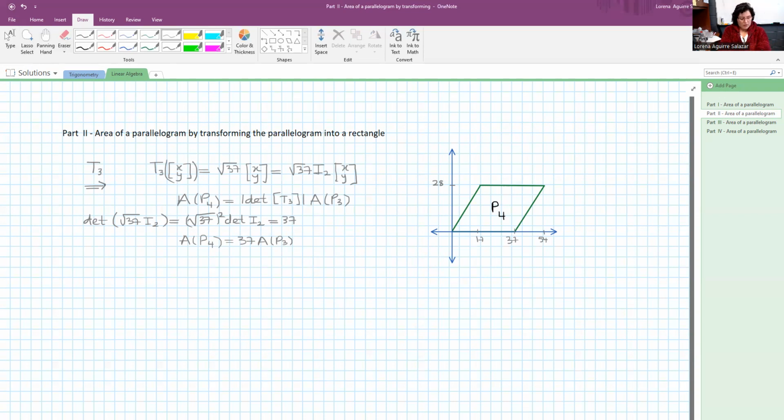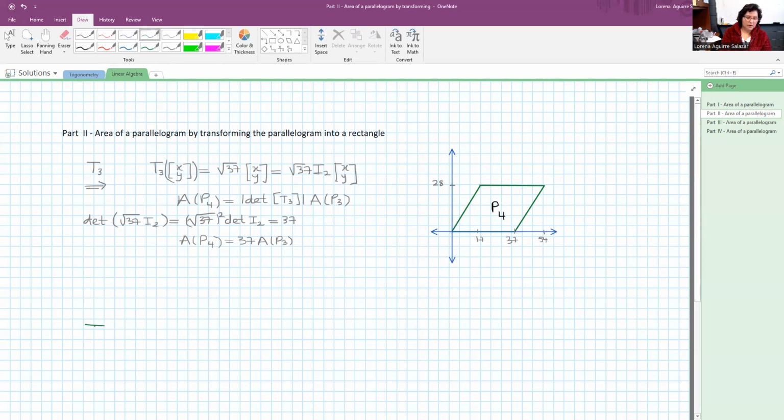Our shearing transformation is such that we want to see this inclined side of the parallelogram right here mapped into a vertical side. Let's see what happens when we do that.